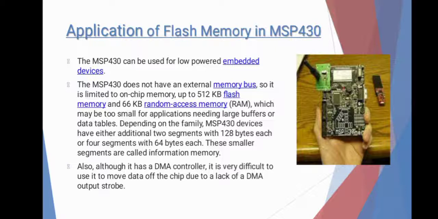Depending on the family, MSP430 devices have either 2 additional segments of 128 bytes each or 4 segments of 64 bytes each. These smaller segments are called information memory. Also, although it has a DMA controller, it is very difficult to use it to move data off the chip due to the lack of a DMA output strobe.